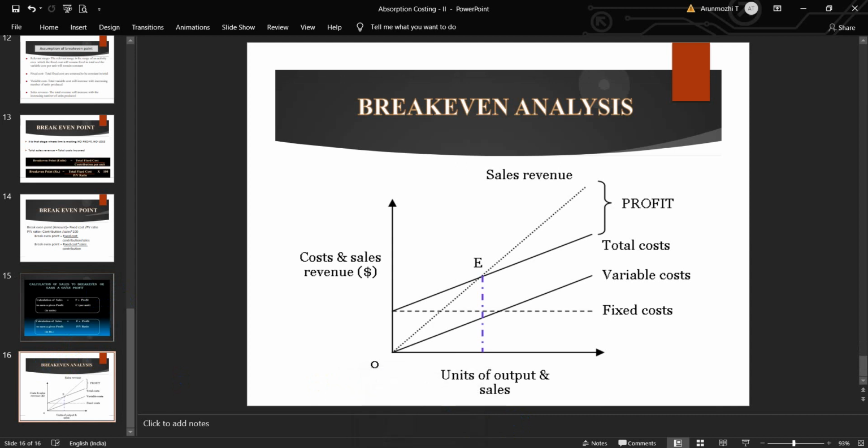The relationship between costs, sales, and profits can be shown in the form of a chart. Such a chart not only depicts the level of activity where there will be neither loss nor profit, but also shows the profit or loss at various levels of activity. According to the Institute of Cost and Management Accountants, London, the break-even chart means a chart which shows profit and loss at various levels of activity.